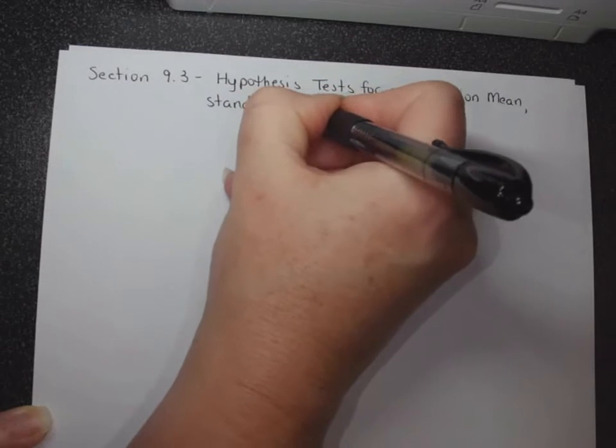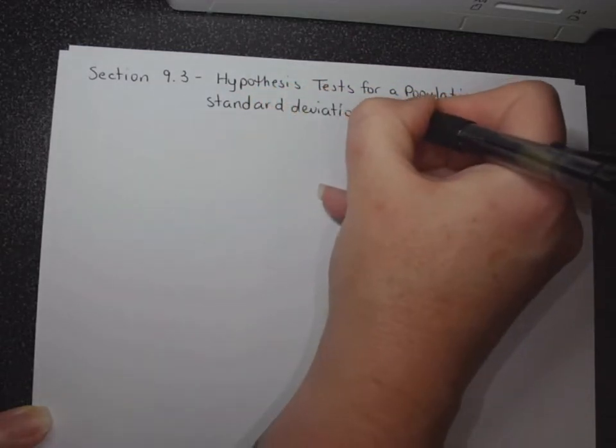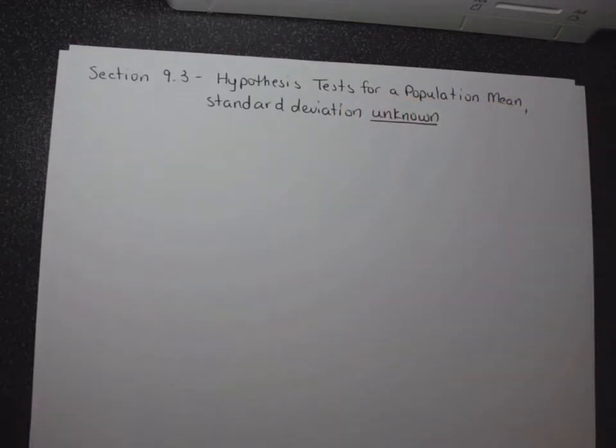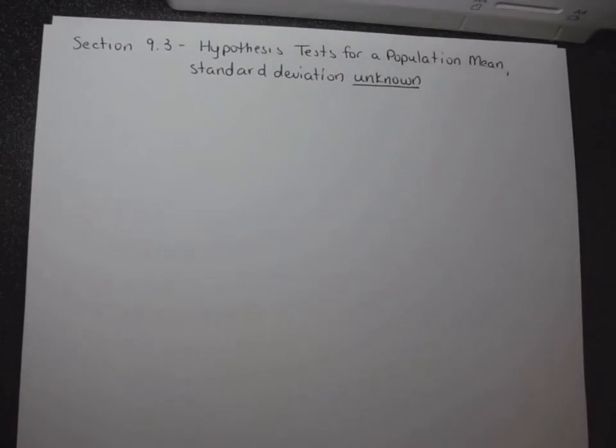So the titles of these sections are really similar except for basically one word. So this is when we're not really sure what the standard deviation of the whole population is, which is actually kind of common. If you think about how large a population usually can be, it would be very challenging to do, unless you had a computer, the standard deviation formula for that many values, right?